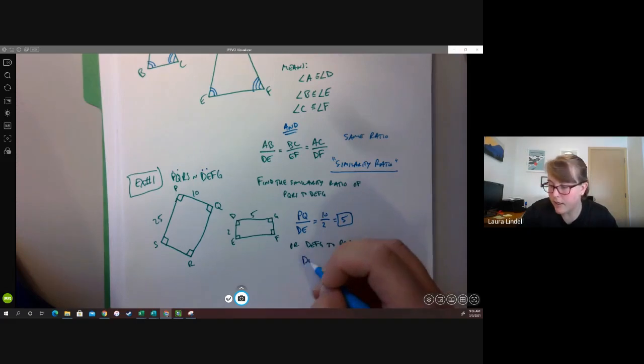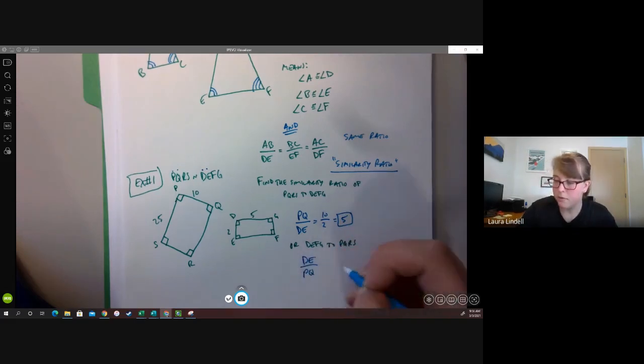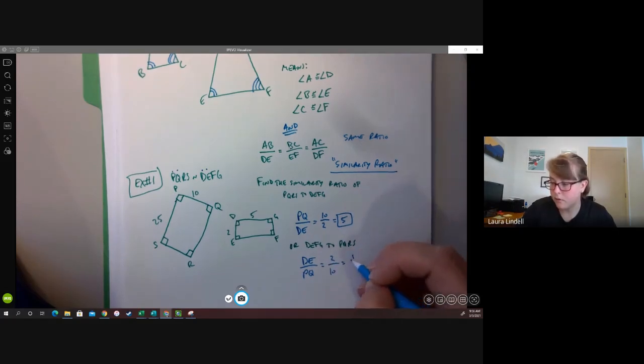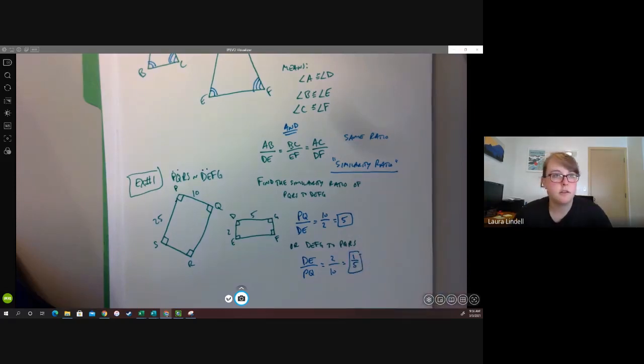So we would go DE over PQ instead, which would be 2 over 10, which reduces to 1/5. Okay. So that's how we can have two different similarity ratios. It depends on which shape comes first in the order of what you've been asked for.